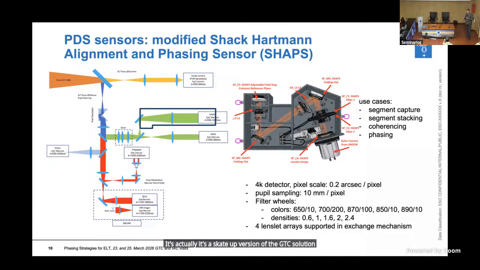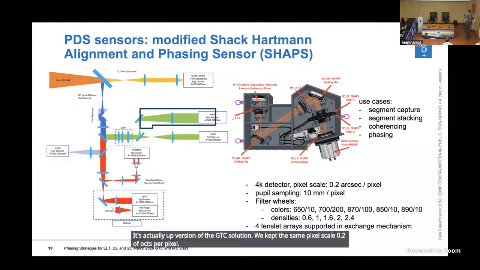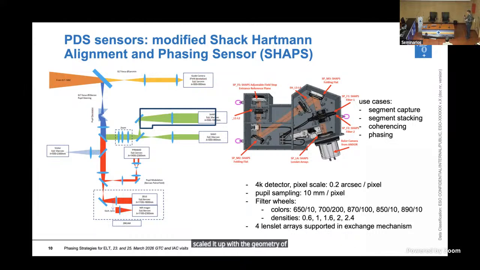We kept the same pixel scale, 0.2 arcseconds per pixel, scaled it up with the geometry of the ELT pupil, and you'll end up with a 4K detector. We could have even gone a bit larger. TMT is baselining an 8K detector, but we went for this solution. Pupil sampling is 10 millimeters per pixel.